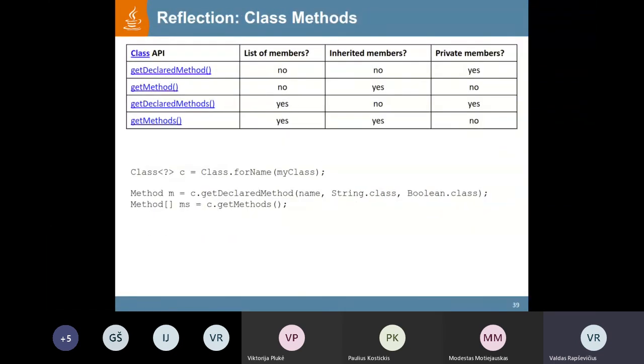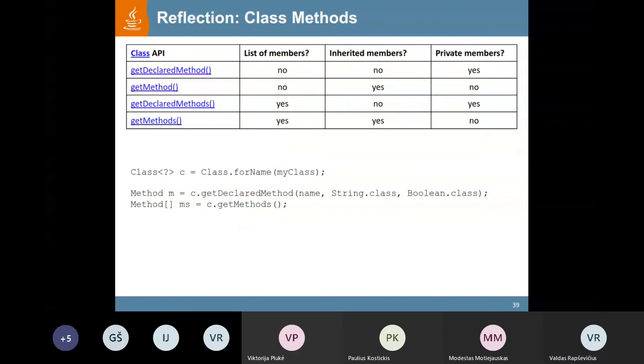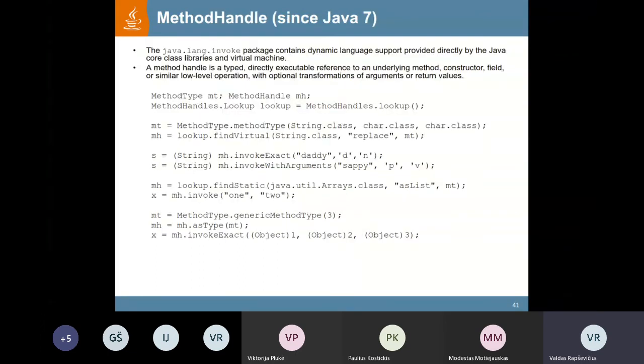So this was a way to access reflection, to access information about the classes right from the class type. But you can use an alternative way, by using the so-called method handler. Method handler is different in that you can specify the type system without already having an existing set of types.